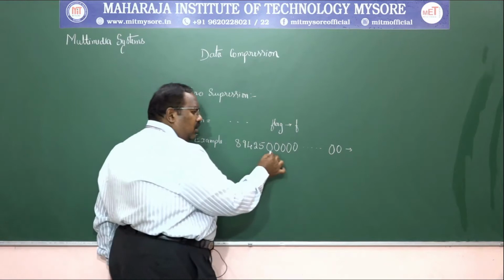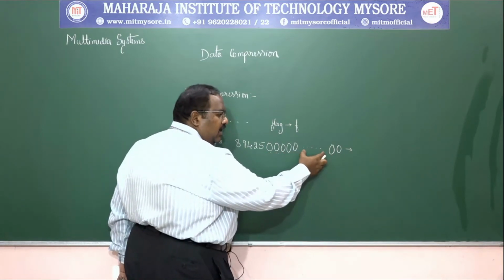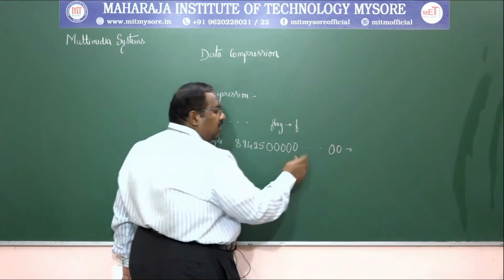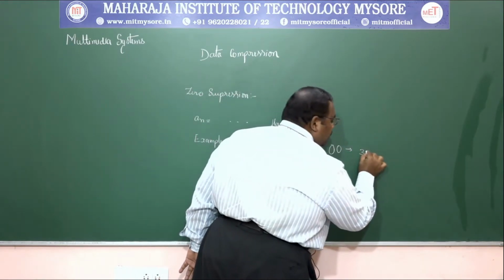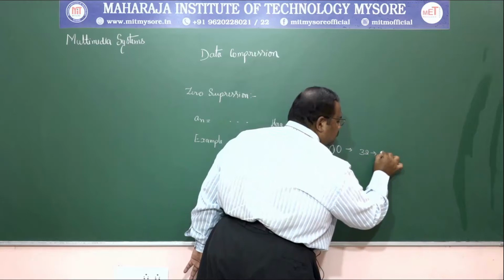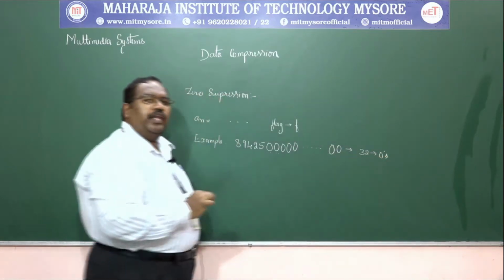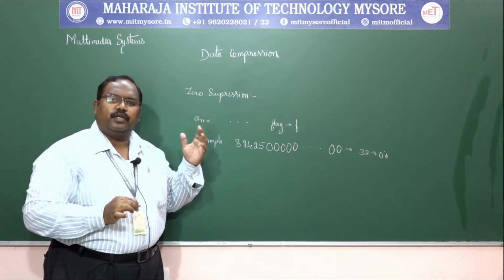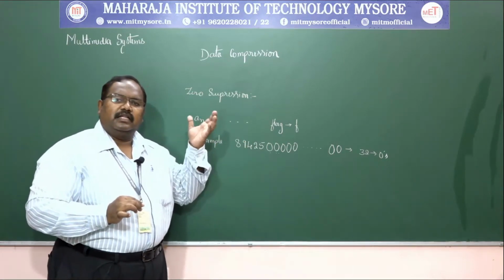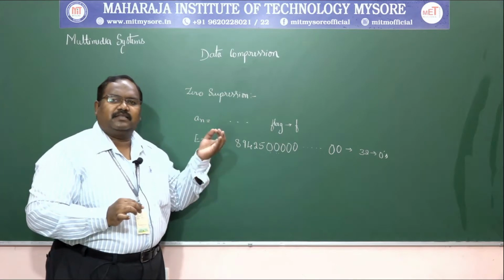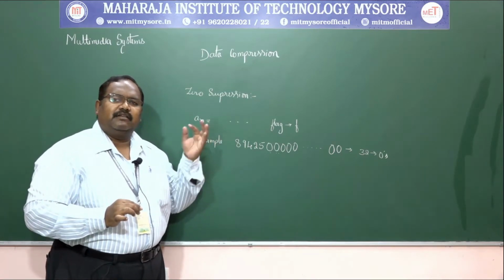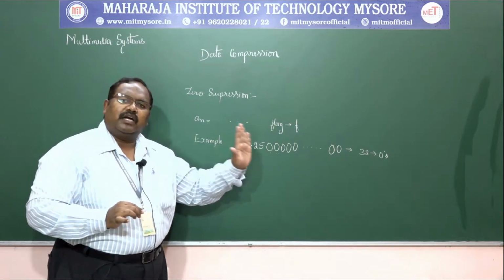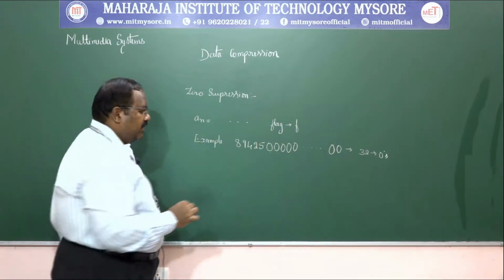Given the continuity, I'm not able to write all of them. If there are 32 zeros, we need to use zero suppression. What does this zero suppression do? Here we have a flag. That flag is denoted by a flag symbol or character, that is F. So F is followed by the number of occurrences of zeros.